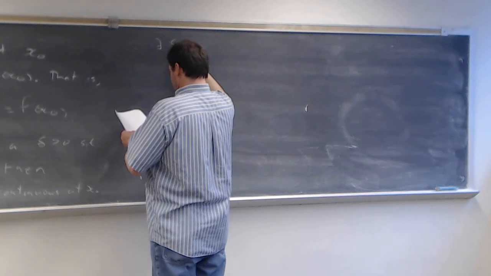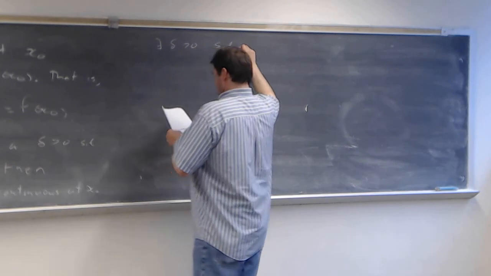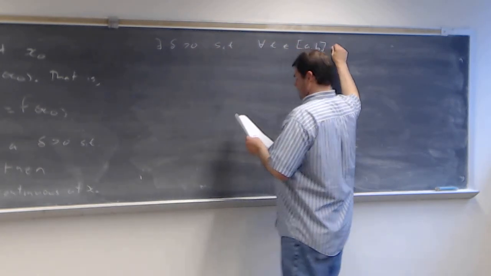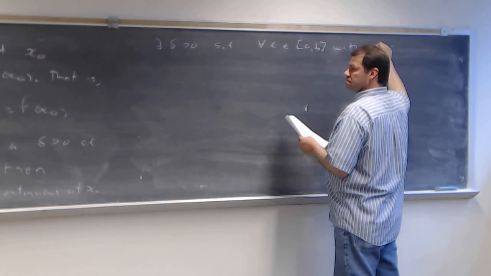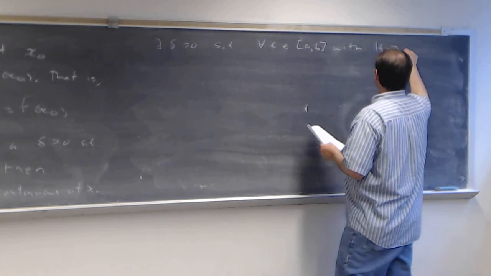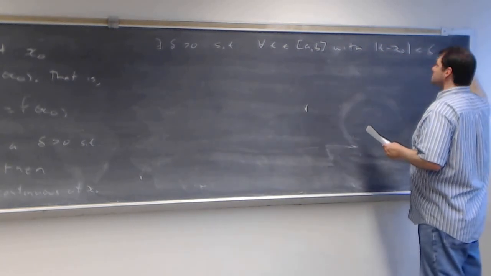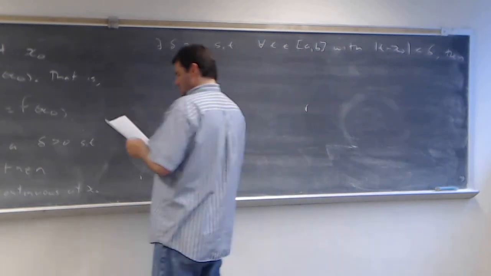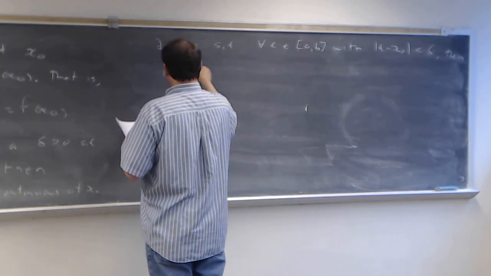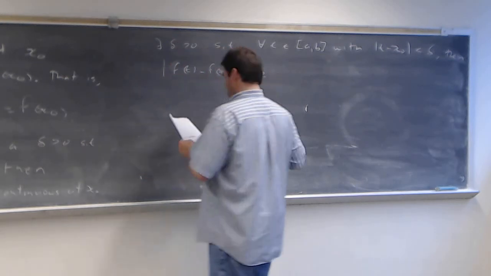There does exist a delta greater than 0 such that for every t element of (a, b) with absolute value of t minus x naught being less than delta, then the absolute value of little f of t minus little f of x naught will be less than epsilon.